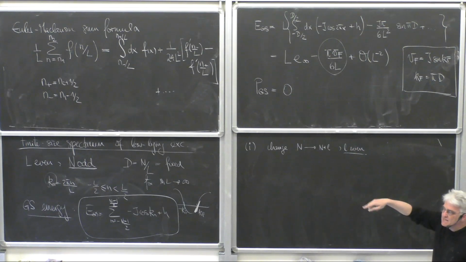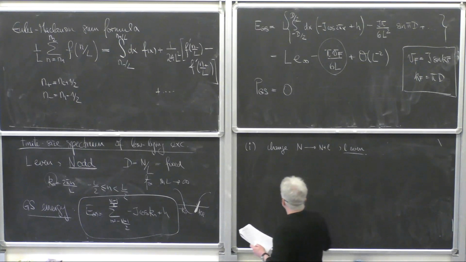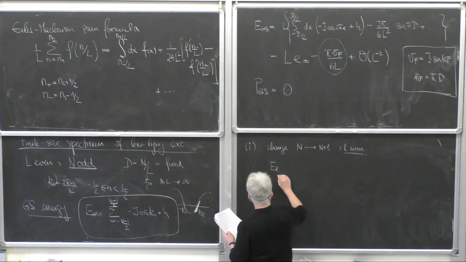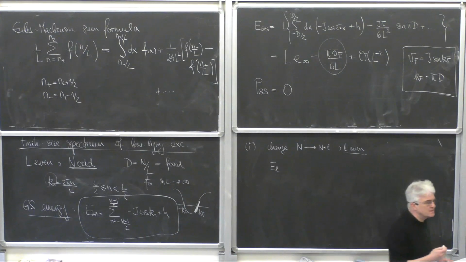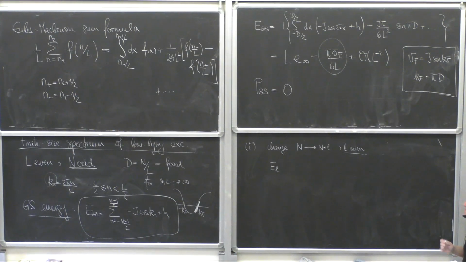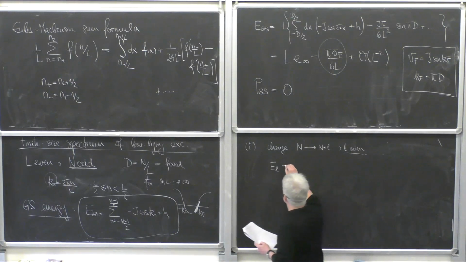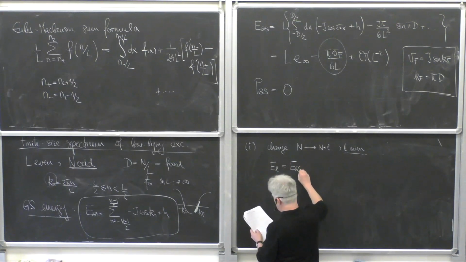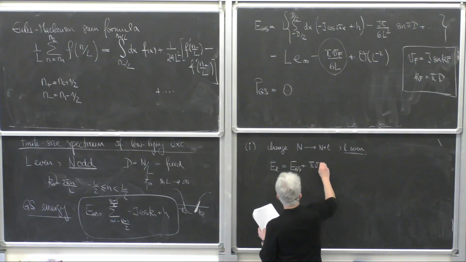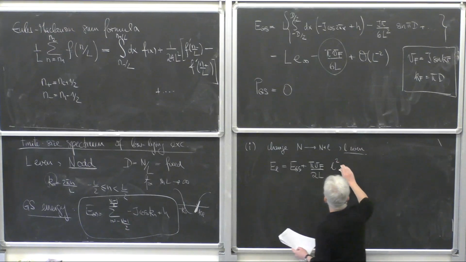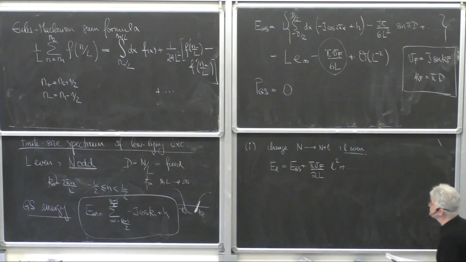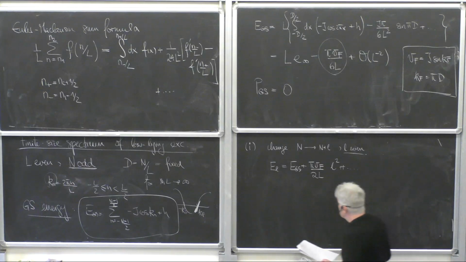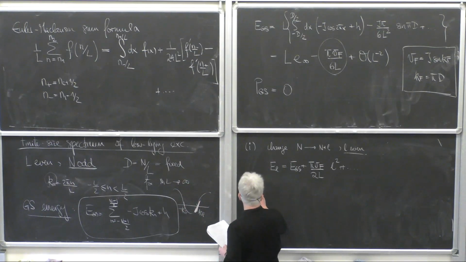So there you can repeat the analysis we have just done, and you find that E_L, so this basically would correspond to a Fermi sea, but now with a different fermion number. So E_L would be E ground state, if you do the calculation, plus pi vF divided by 2L times L squared plus dot dot dot. Okay, so this is just a variant of the calculation we have done here.